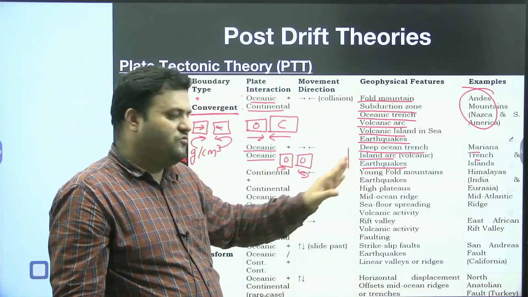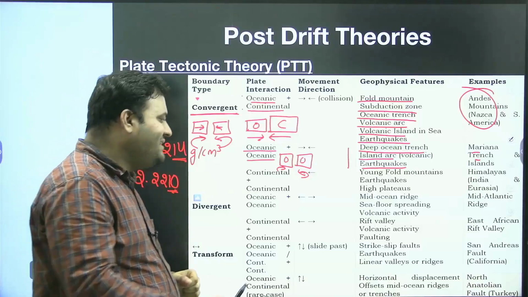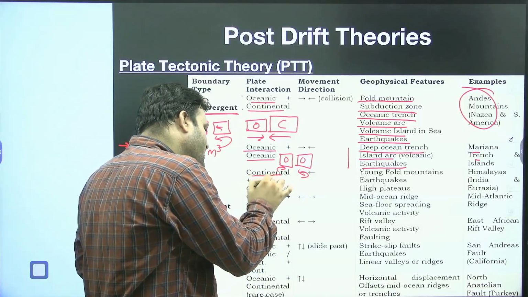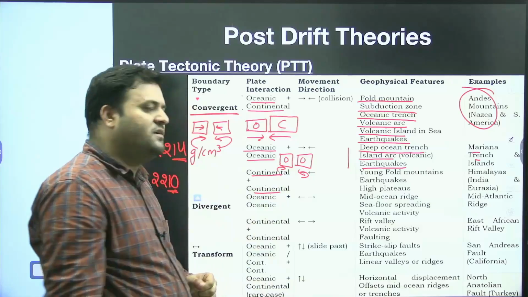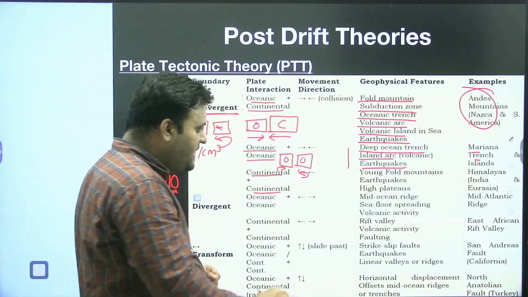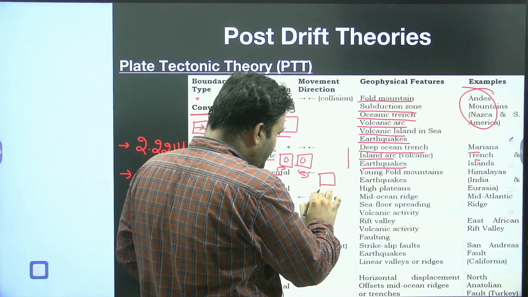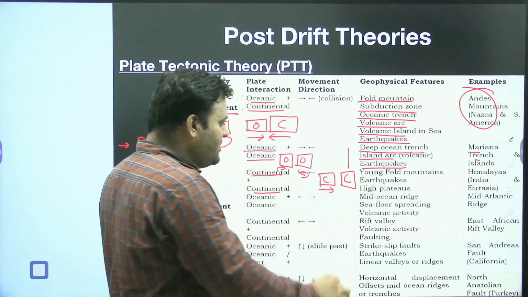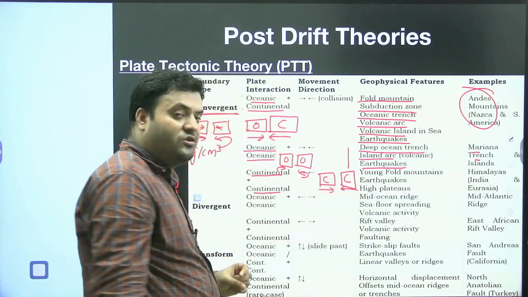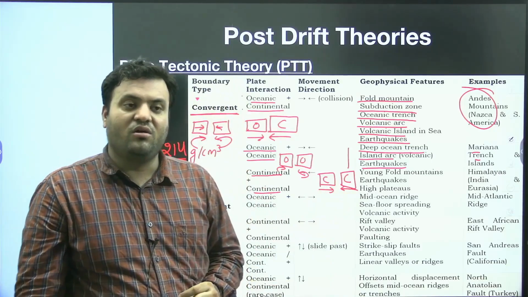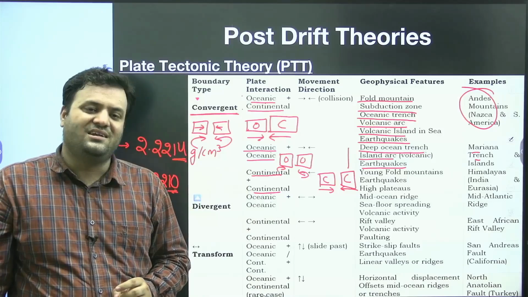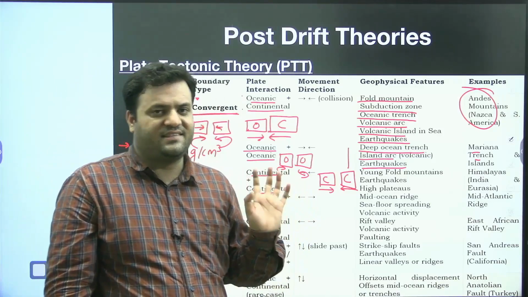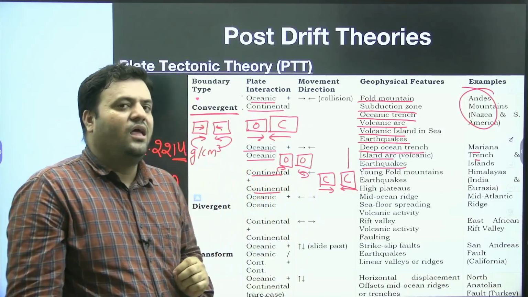Moving ahead, we have continental convergence, where two continental plates are moving towards each other with similar density.